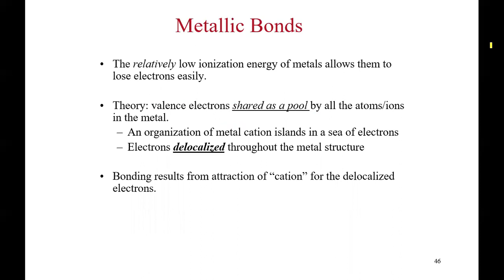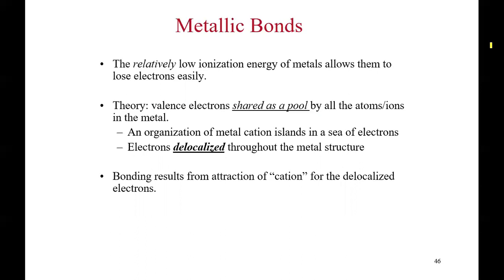So the theory is that the valence electrons of the atoms in a metal are shared as a pool. It's kind of as if the metal atoms are organized as a set of nuclei with core electrons, like a group of islands of cations in a sea of electrons.